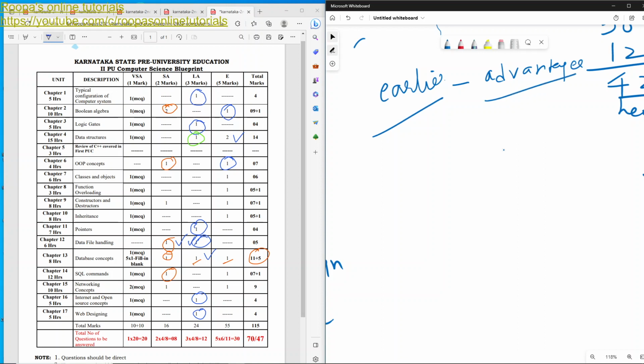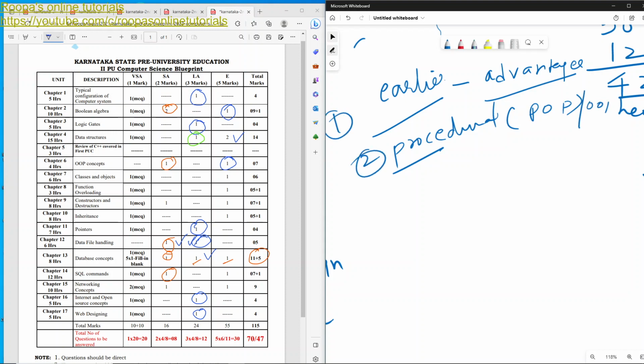If they say compare with the procedural programming languages, here P comes, it means the POP over OOP. So have this clarity. So this is one thing, advantages, and then POP over OOP. This is one more question.